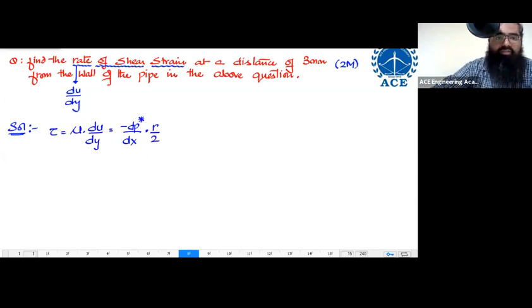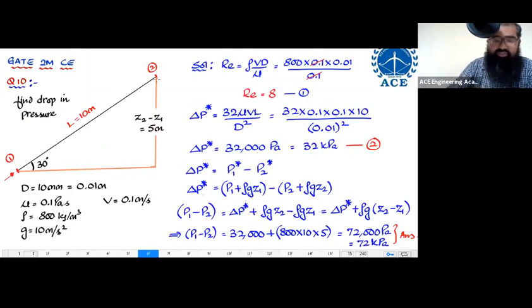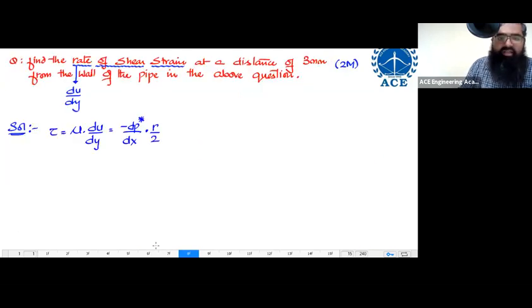Are you following this thing? You won't write minus dp by dx. Why won't you write minus dp by dx? You are having a non horizontal pipe. You are supposed to write minus dp star by dx over here multiplied to r by 2.